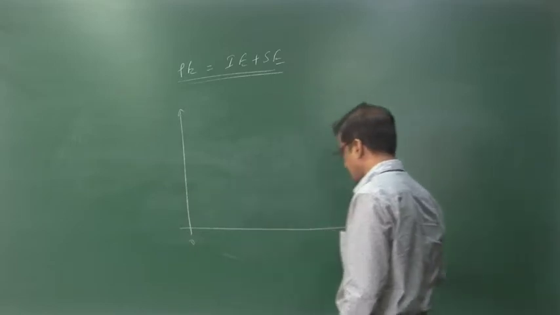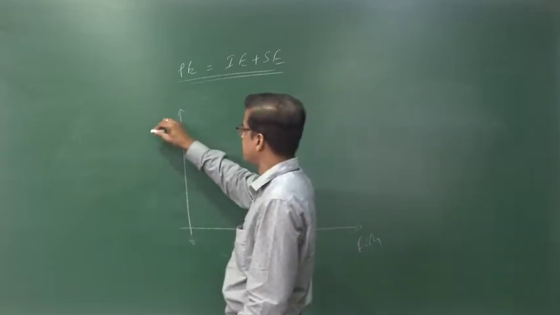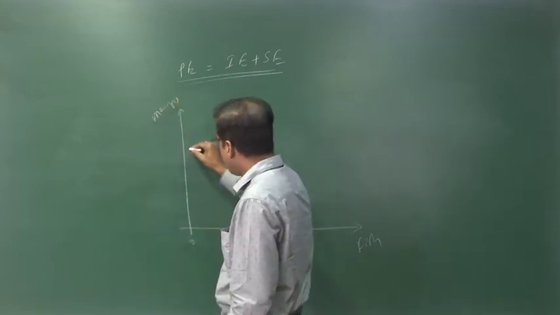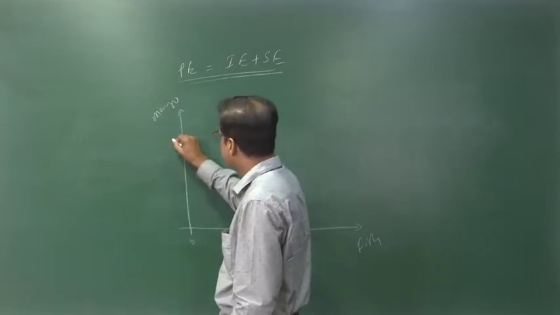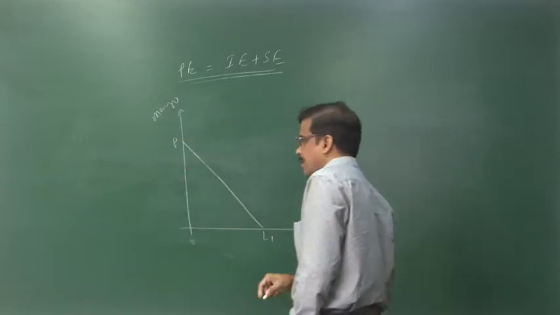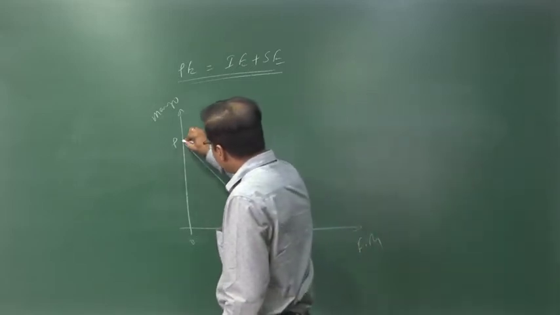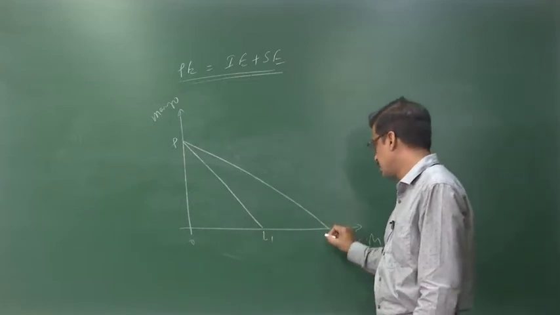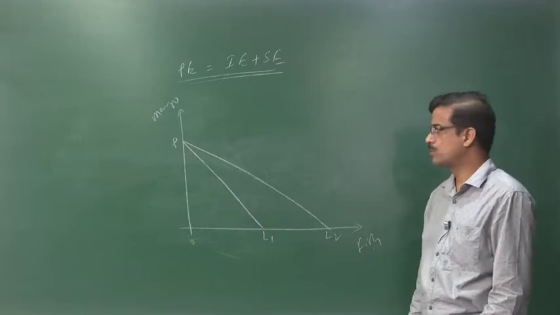We take fish on the horizontal axis and mango on the vertical axis, and this is the initial price line PL1. Now, when the price of fish falls, the price line shifts from PL1 to PL2.